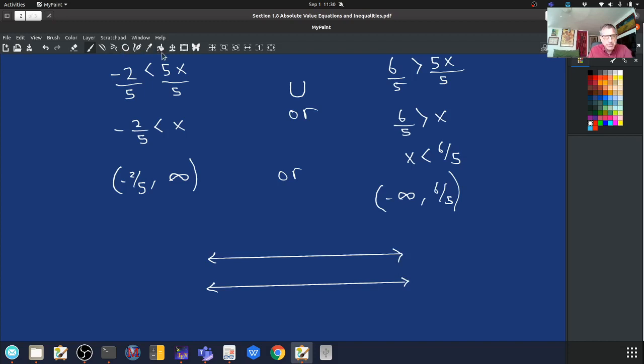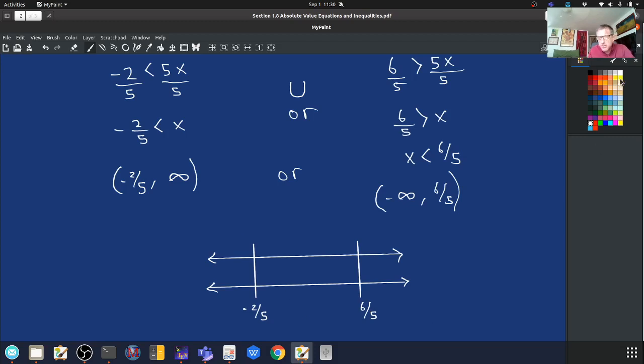I'm just going to simply say that's going to represent minus 2/5, and this is going to represent 6/5. Now it is important that minus 2/5 is to the left of 6/5. And it's easy in this case, we don't have to convert them to decimals to check, because this is negative and this is positive. Positive is going to be to the right.